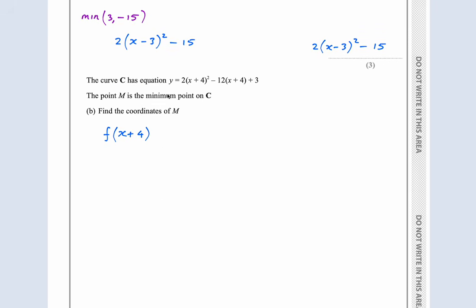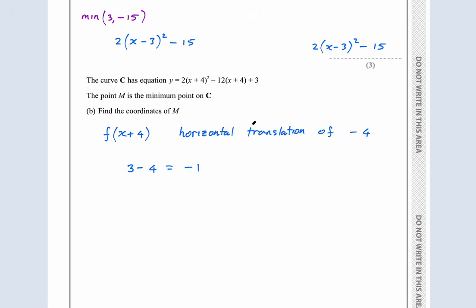Well, this transformation is a horizontal translation of -4. So that means we're going to move it left 4. Now if the min is at 3, minus 15, we're going to do 3 minus 4, which is -1.